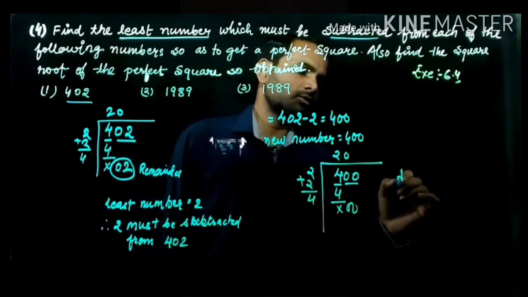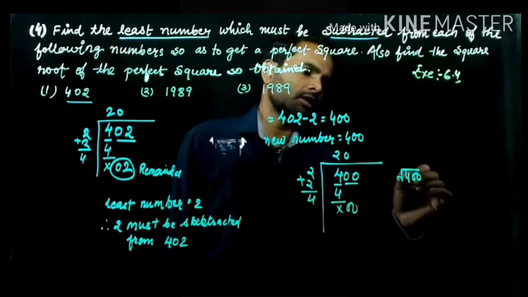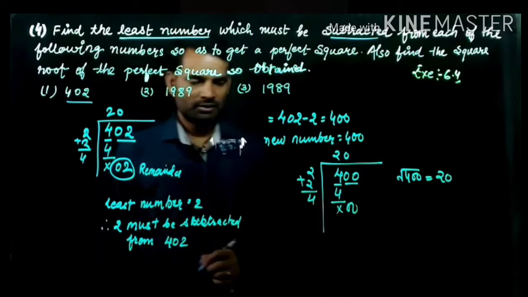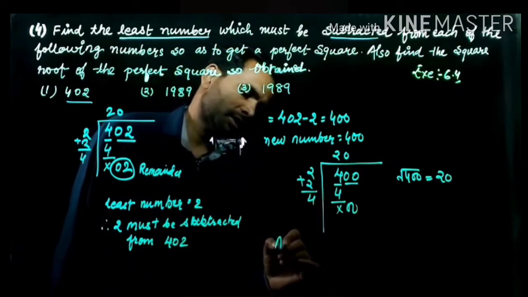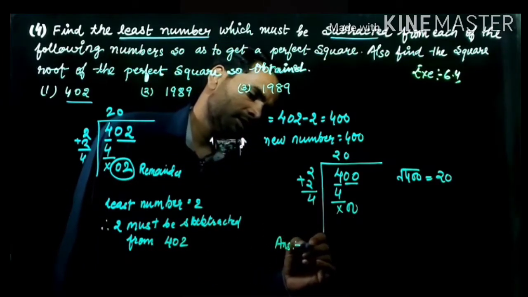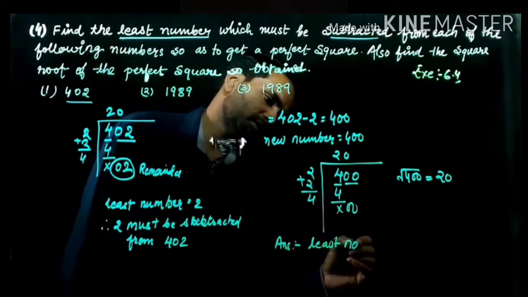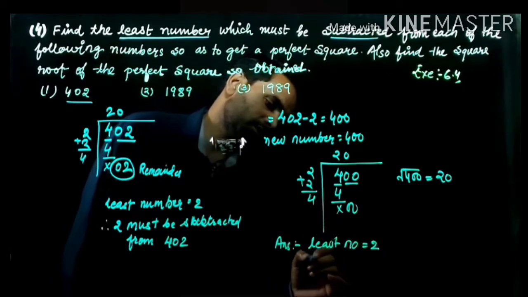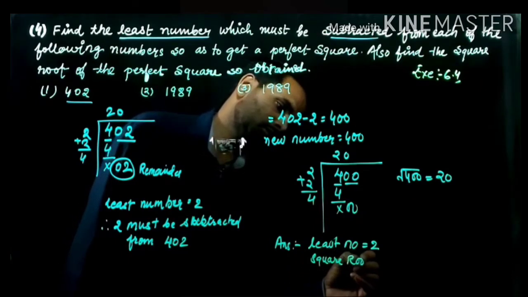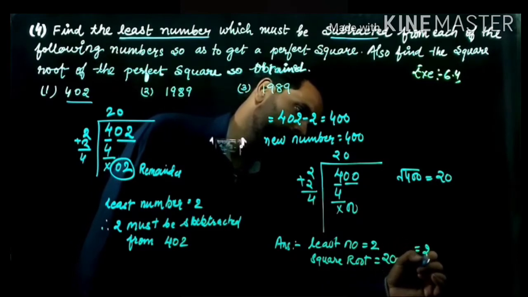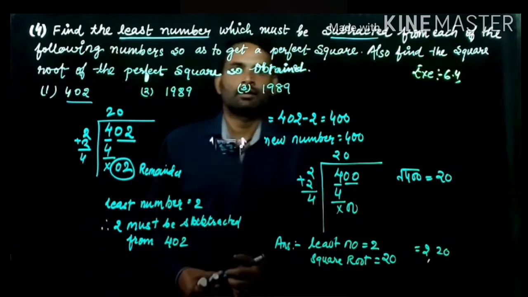It means the root of 400 is equal to 20. Root of 400 is 20. It means that your answer is least number 2 and square root 20. So your answer is 2 and 20.